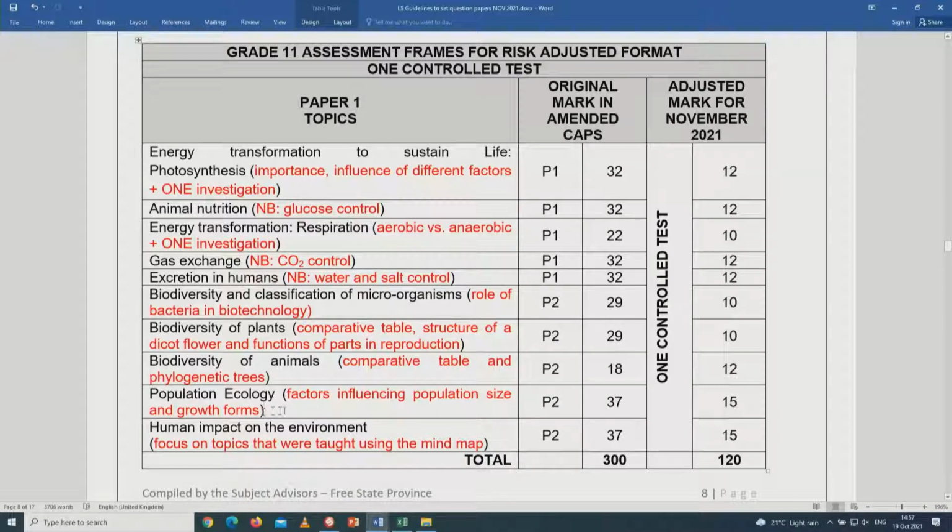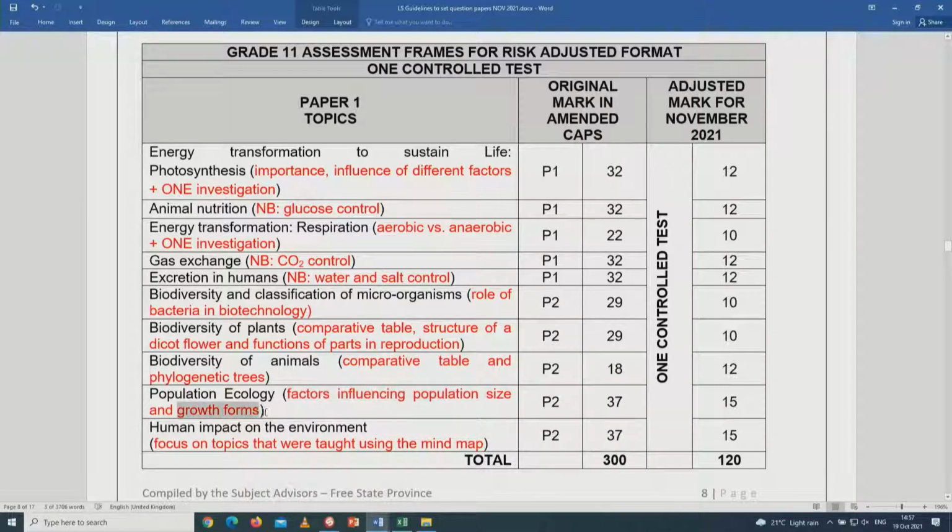My goodness, it will come to me soon. Mortality, natality and mortality. Those two, the death rate, mortality, and the birth rate, natality. And of course, immigration and emigration, the factors influence population size.